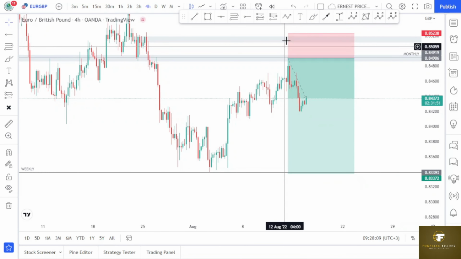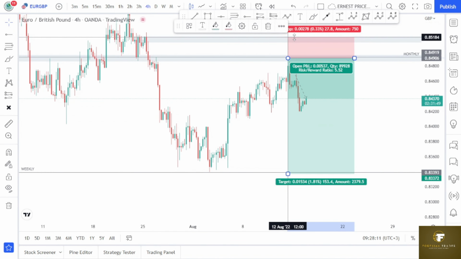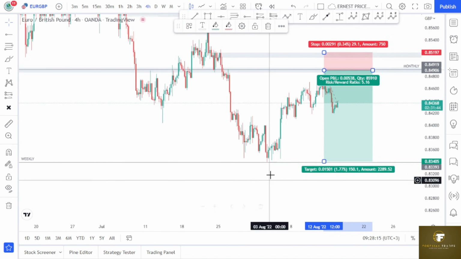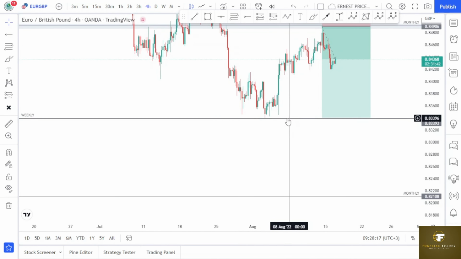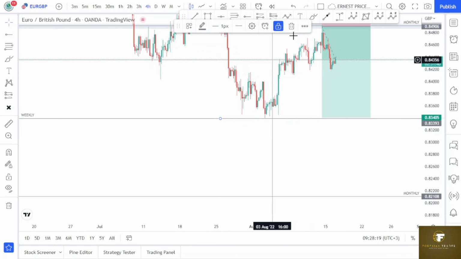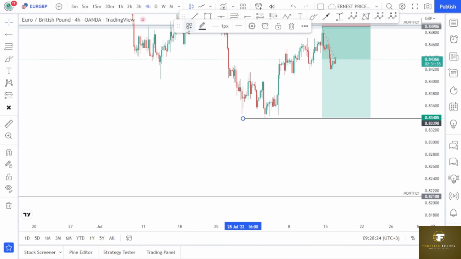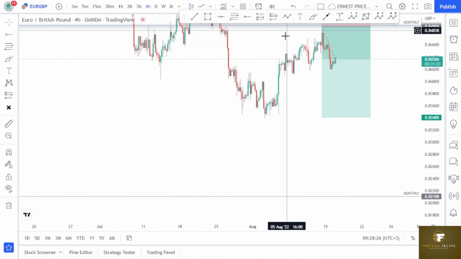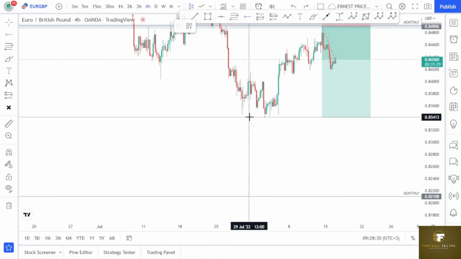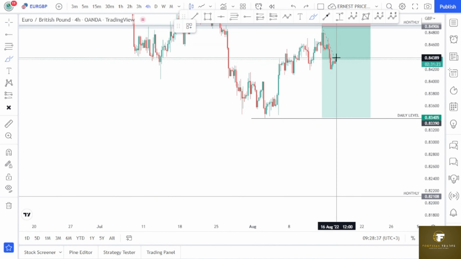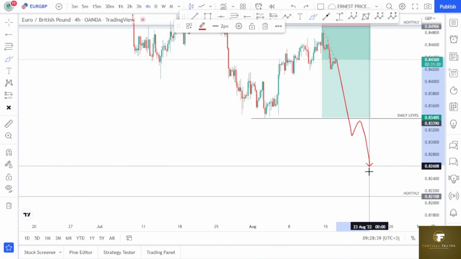I left my pending order somewhere there, and I'm looking for price to tap this zone, which I marked at the daily level. If I remember, this was supposed to be a daily level. Waiting for price to tap this level, and then if we break it, I'm looking for price to hold.